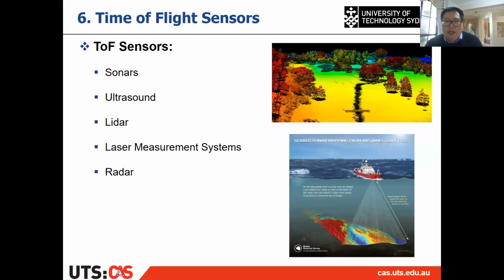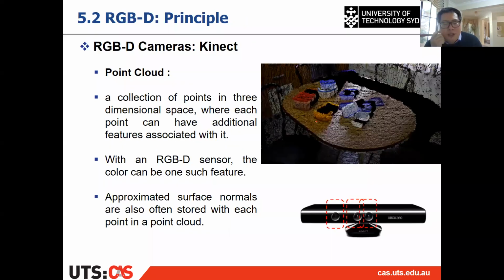And for RGBD cameras, we also introduced different cameras with different properties of each of the sensors. For example, if you want a larger resolution of the depth image, you can choose Kinect 2. Or if you want to use it at a longer distance, then you may use Kinect 1.